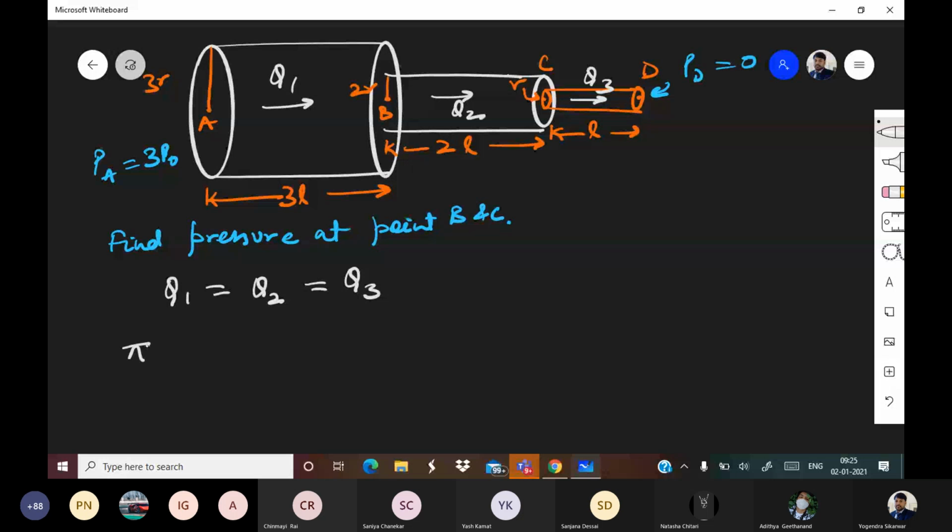So pi into delta P, and I'm writing directly.